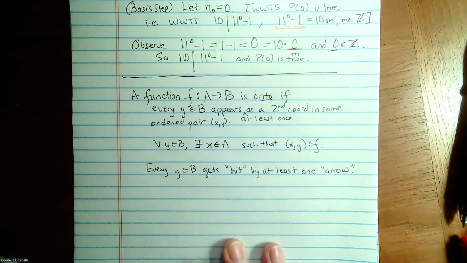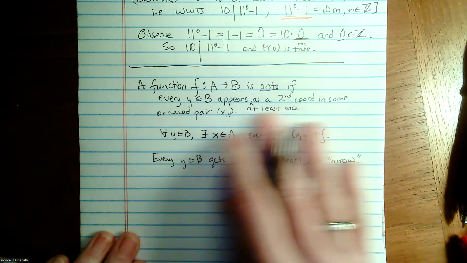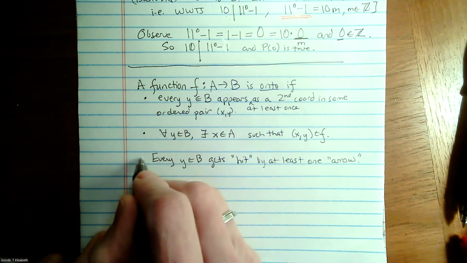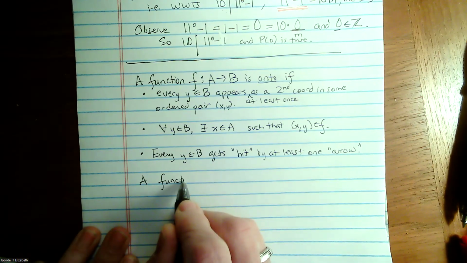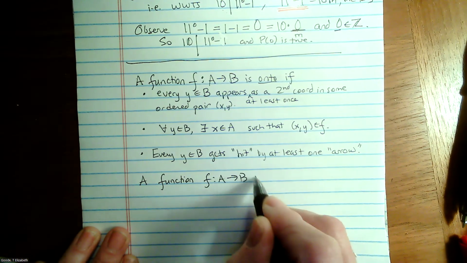That's one of the reasons I've used arrow diagrams; they seem to be helpful. So does that make sense for onto? These are all different ways.